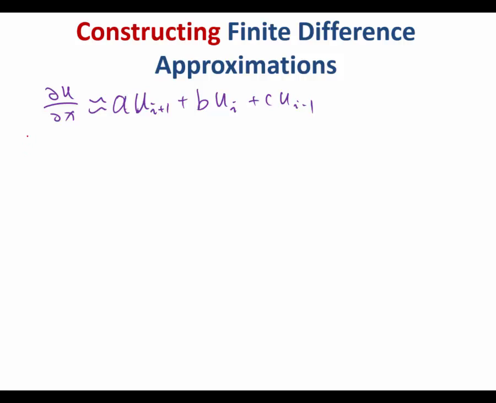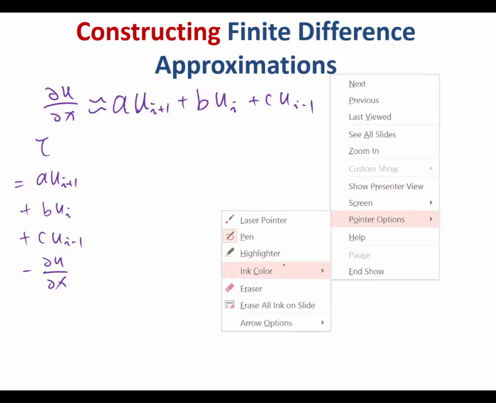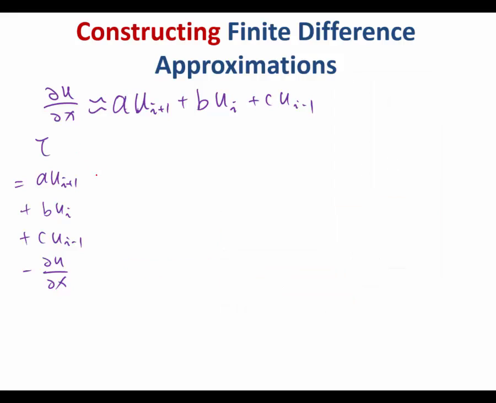So tau is equal to the difference between A u_{i+1} plus B u_i plus C u_{i-1} minus partial u partial x. And let's use what? Taylor series to figure out what all of these terms are.